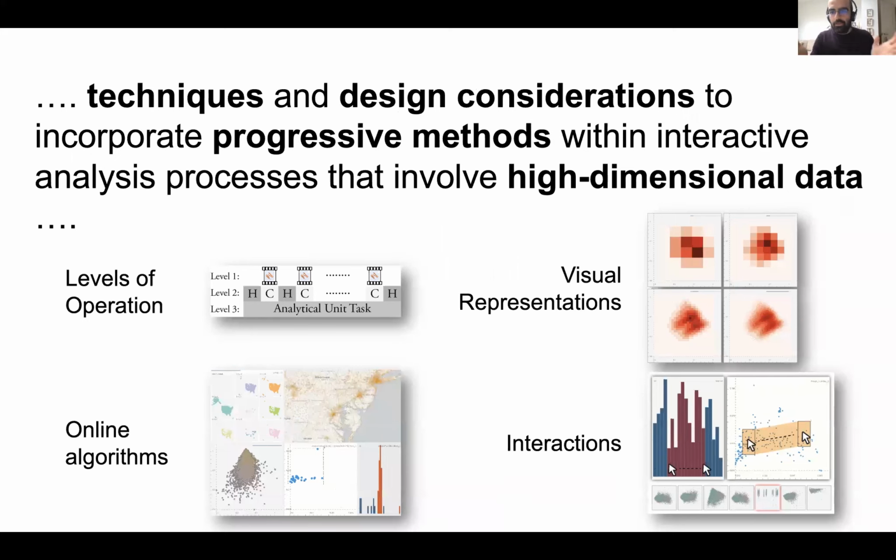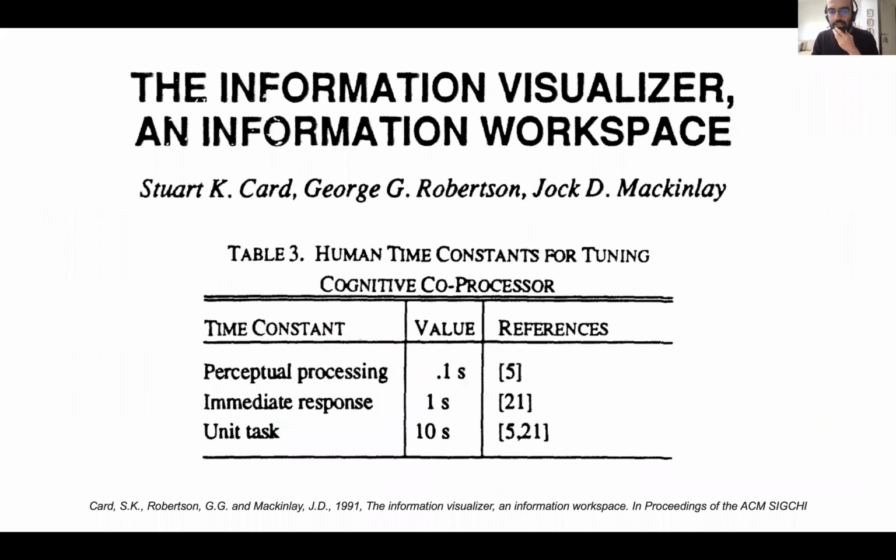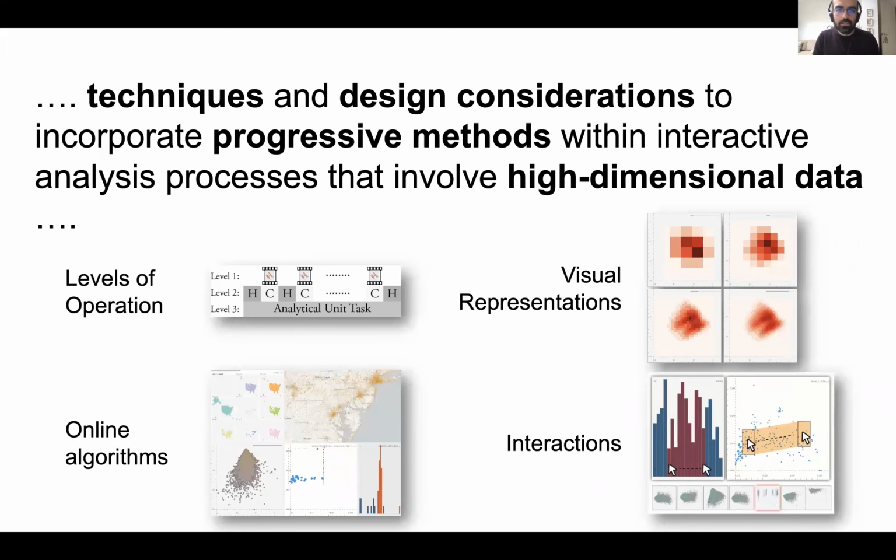I won't talk about the details of that, but we've developed different algorithms, different levels of operations, and different visual representations where we can maintain these levels of perceptual processing in an interactive process.